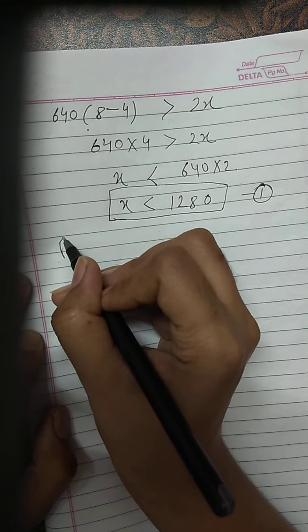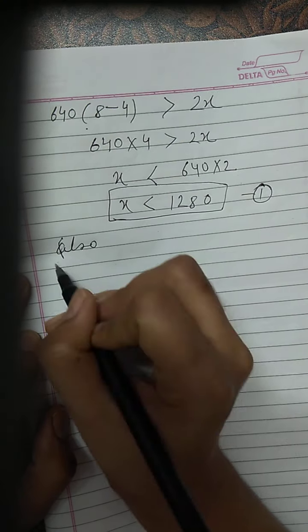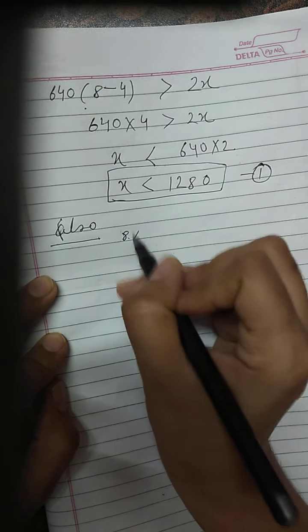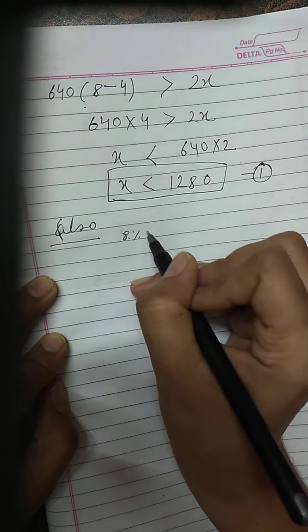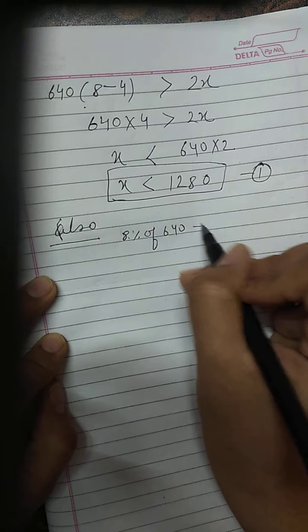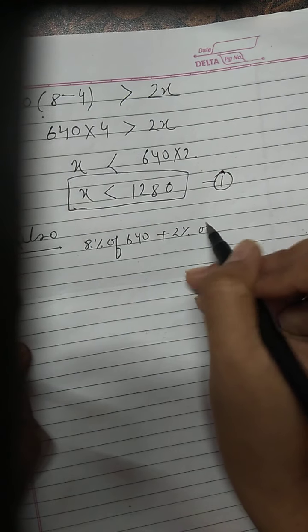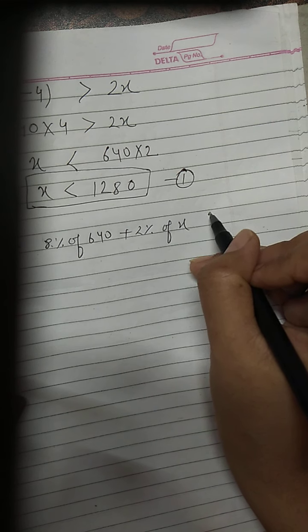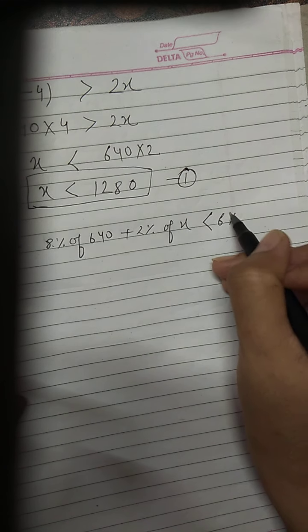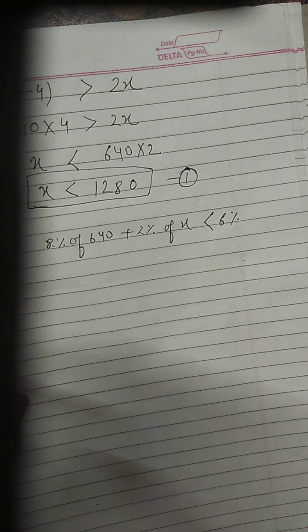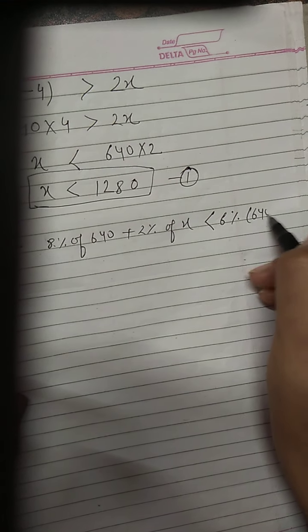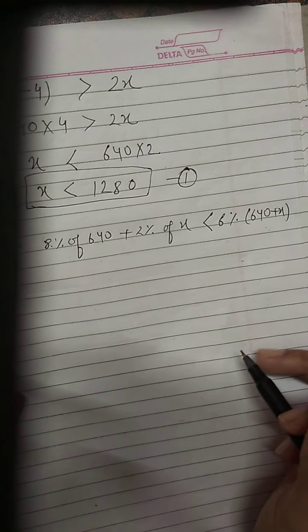And we have the other inequality, we will write down also. The other inequality was 8% of 640 plus 2% of x should now be less than 6% of the resultant, so 640 plus x.